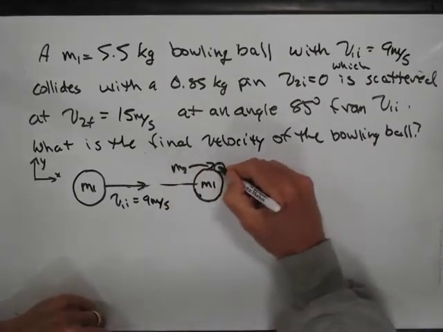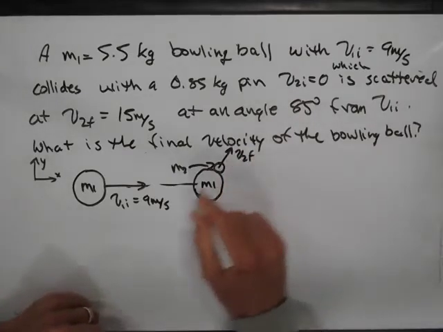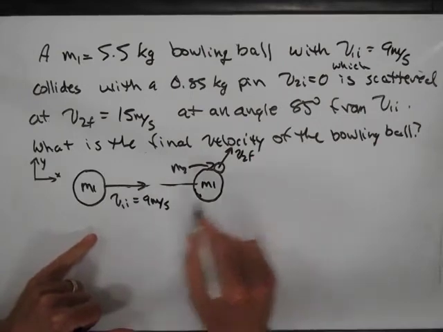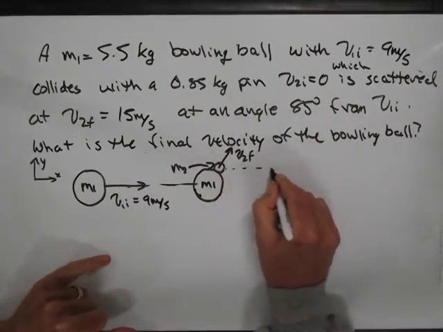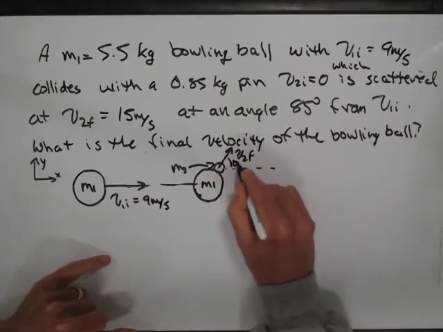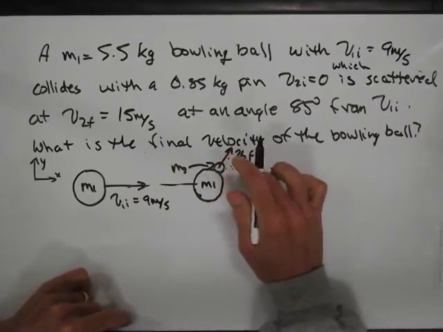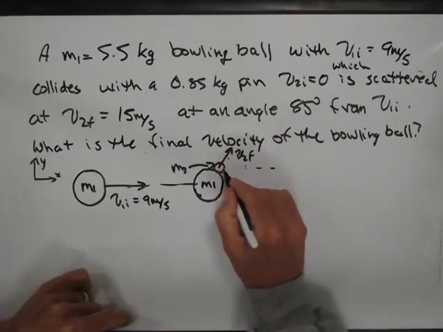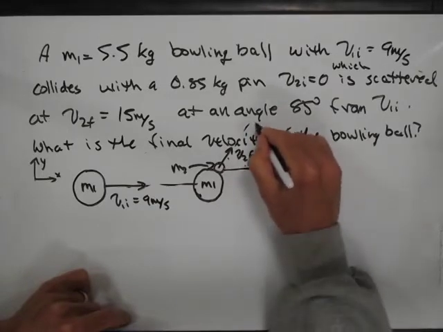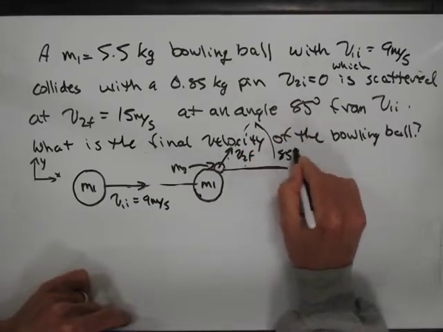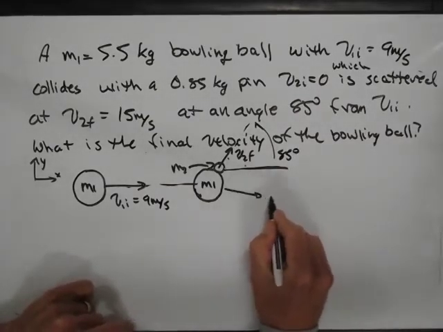And M2 goes off in this direction, and so that's V2 final. V2 initial was 0, it was at rest. The direction for V2 final, I'm going to call this theta 2. I'm not doing a very good job making that angle. If this guy is going that way, I can say that direction is 85 degrees. That's V2 final. And as a result, V1 final will go off this way.